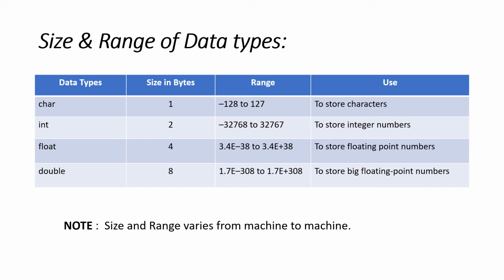Range varies from 1.7e to the power of minus 308 to 1.7e to the power of 308. Used to store big floating point numbers. Note: size and range vary from machine to machine.